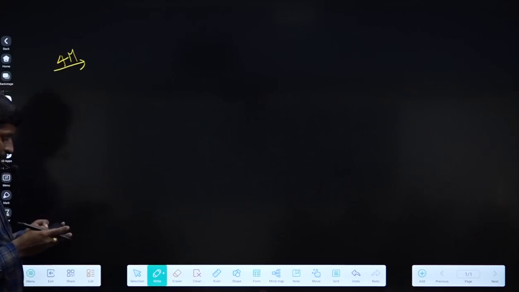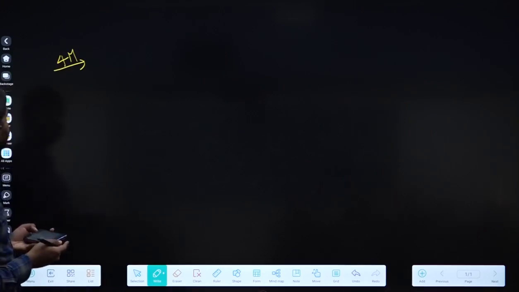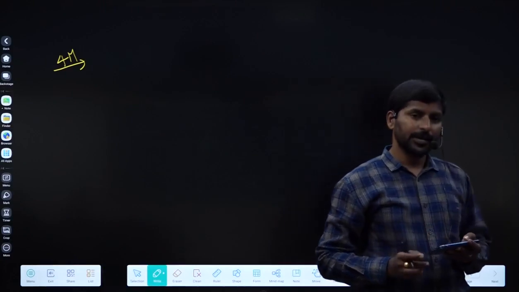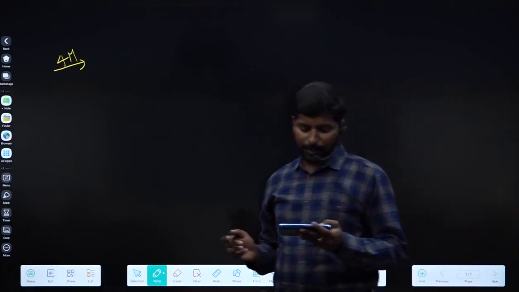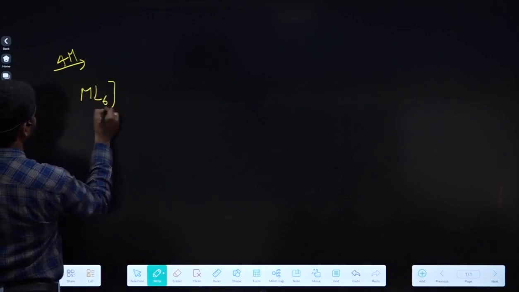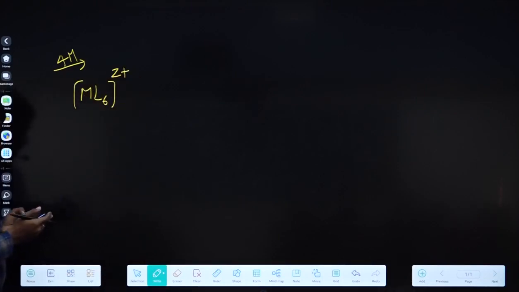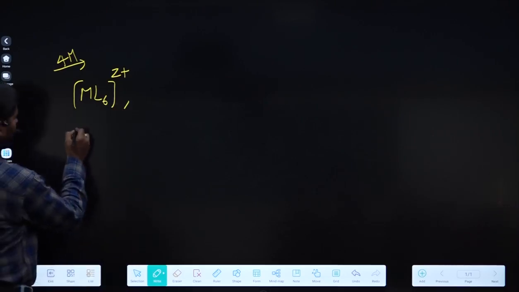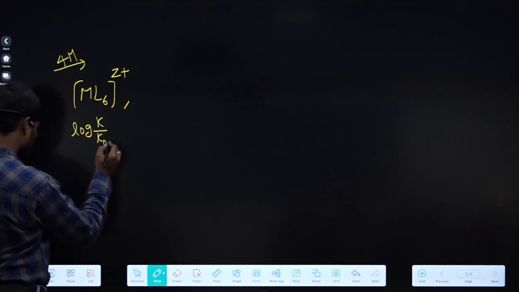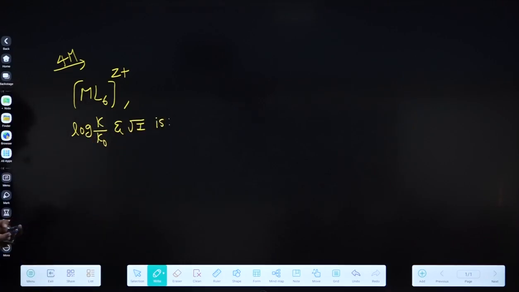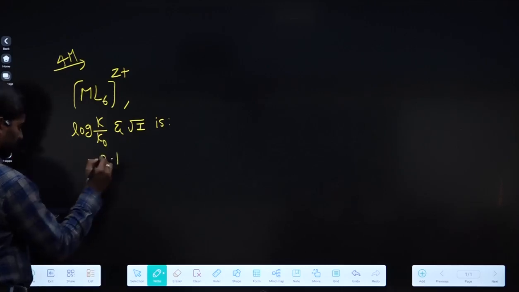In the base hydrolysis of a transition metal complex, ML6 to the power Z plus, the slope between log K by K naught and root I is minus 2.1.